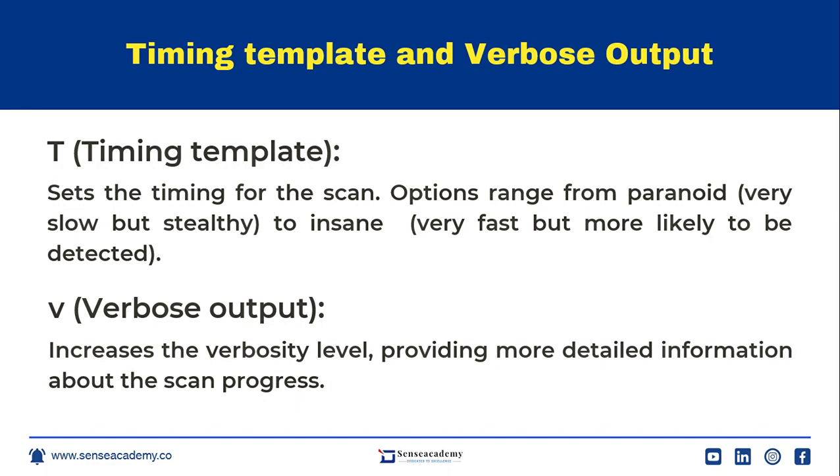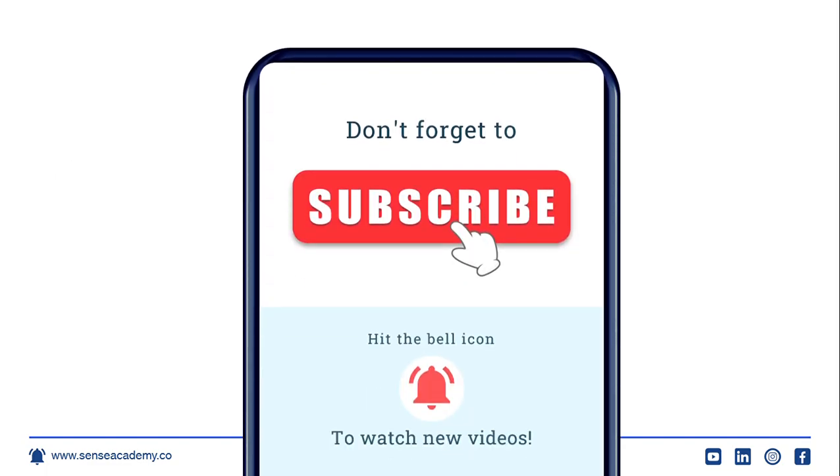Okay, but for now we are going to see what the timing template is. Often it happens that we try to scan a lot, but what if we get the timing for the scanning as well? Okay, so we can do that, and we can get faster scanning by using this particular timing template. So we are going to see this timing template and verbose output much more in a practical scenario. Thank you so much for watching the Nmap tutorial.